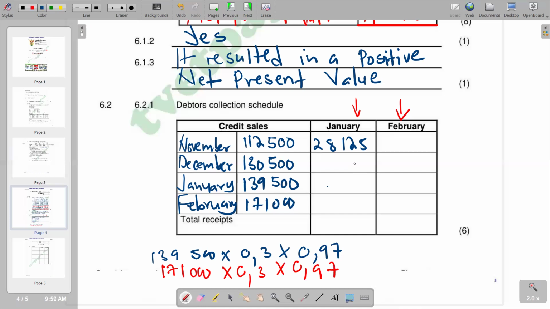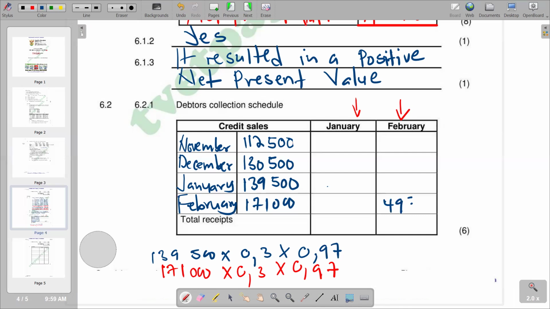We multiply here. We can just take note, the answer that we have there is quite wrong. We can just maybe remove this one. So what we are saying is, let's start with February being received in February, an amount of 49,761.